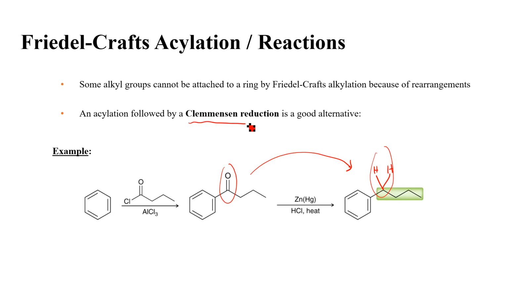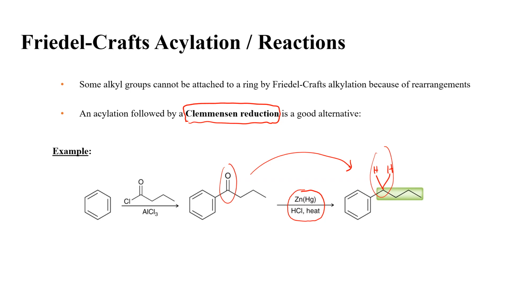It's called a Clemmensen reduction. We haven't really talked about that before, but it's another way. This is basically a third way in your toolbox of going from a carbonyl, reducing it all the way down to the alkane. And you do that with some zinc amalgam, which is just amalgamated zinc.